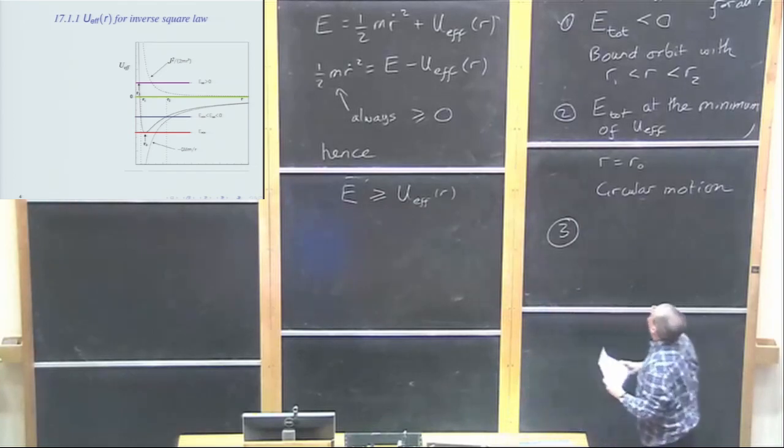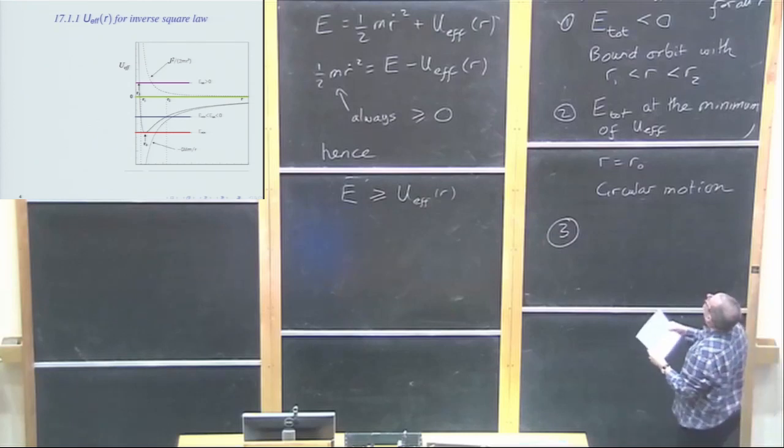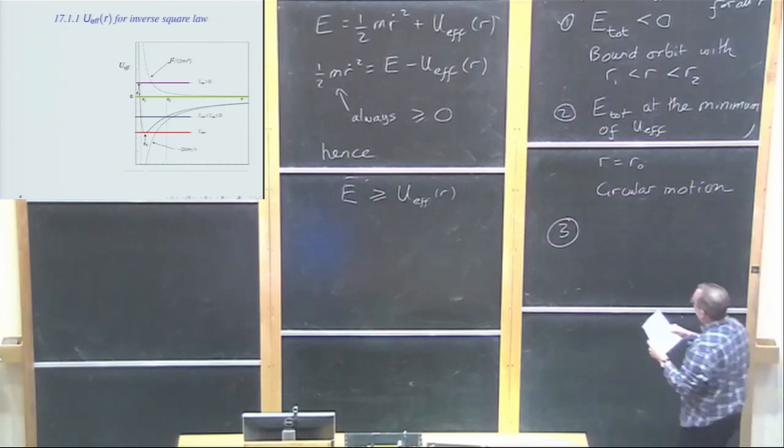Well, this is interesting because the line is intersecting with the effective potential only in one place. So there seems to be a minimum radius, but there's no maximum radius. The maximum radius is at infinity.